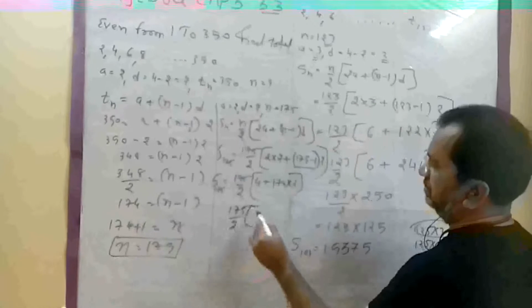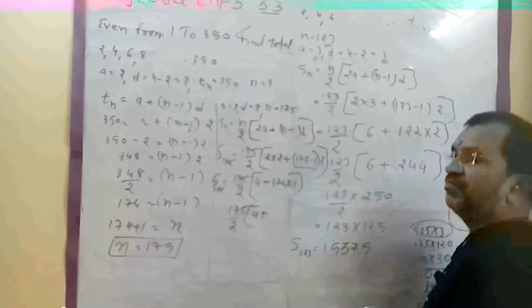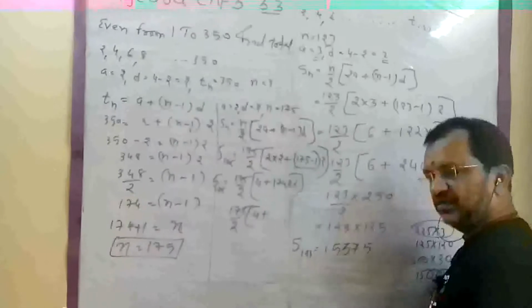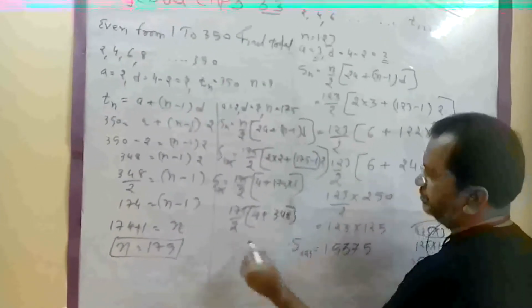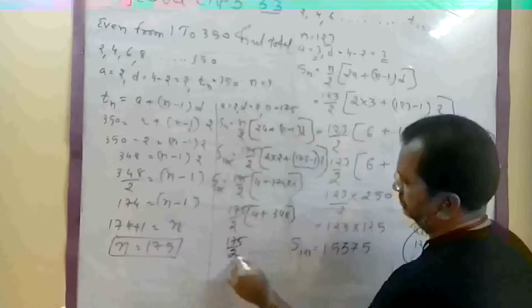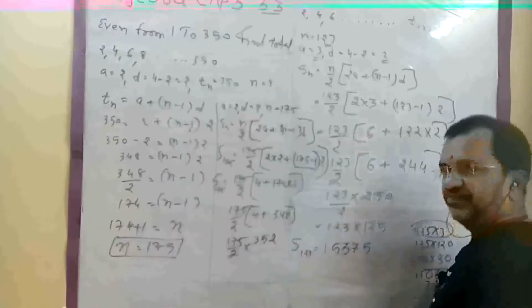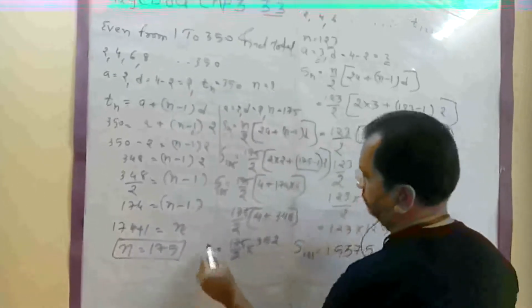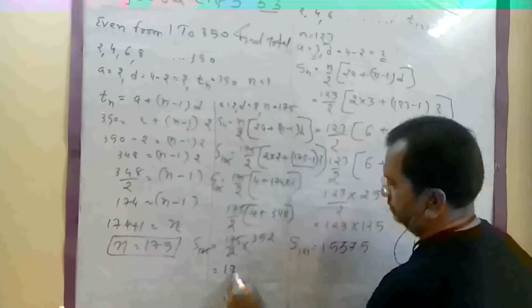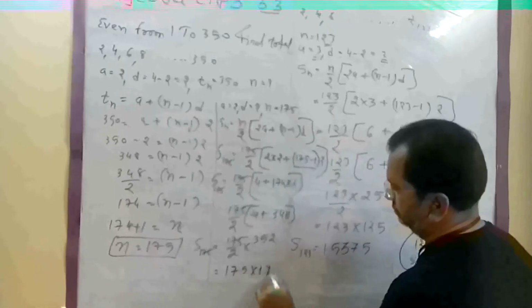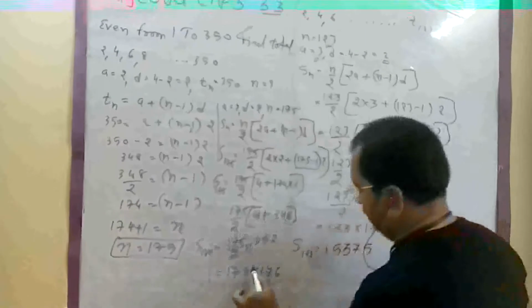175 twos are 350. So 174 twos are 348. We will continue with this only.